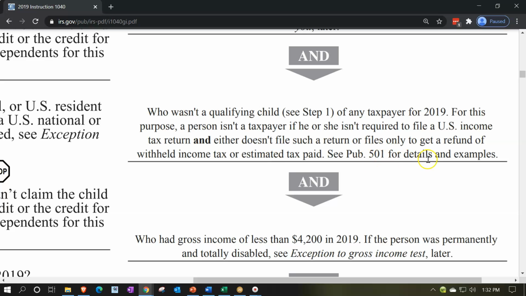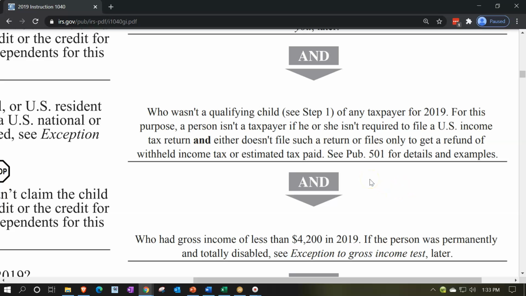Of any taxpayer for 2019, and of course it would be similar for 2020, most likely, if you're looking at the 2020 instructions. For this purpose, a person isn't a taxpayer if he or she isn't required to file a U.S. income tax return and either doesn't file such a return or files only to get a refund of withheld income tax or estimated tax paid.